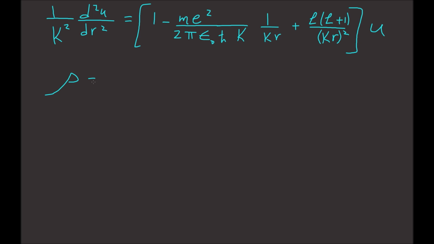Rho, I'm going to define as k times r, and rho naught, I'm going to define as m e squared divided by 2 pi times epsilon naught times h bar squared times k.